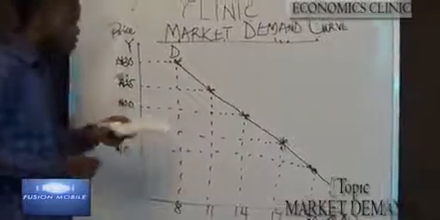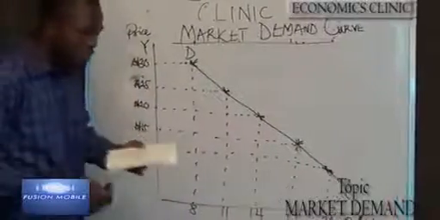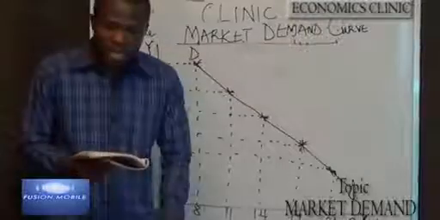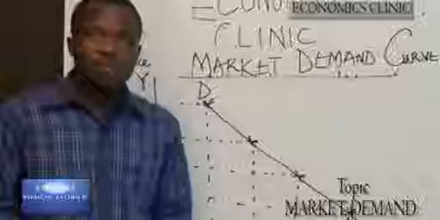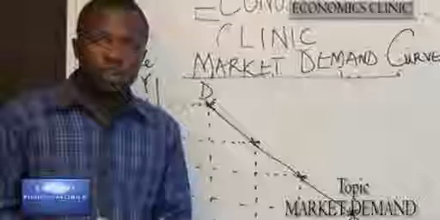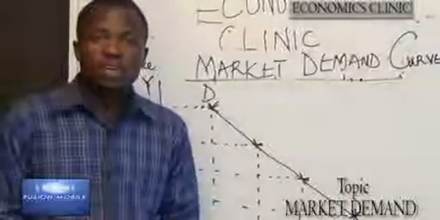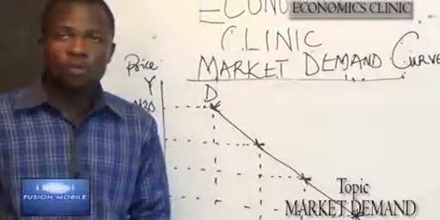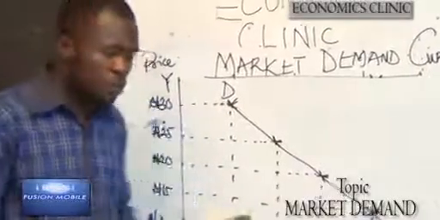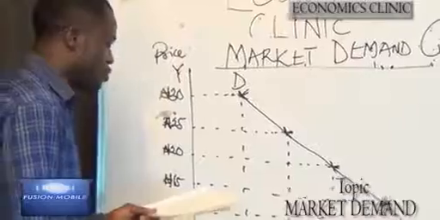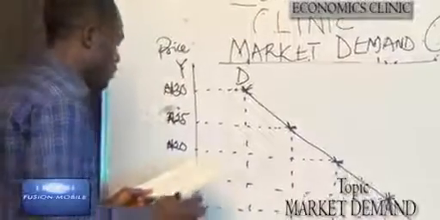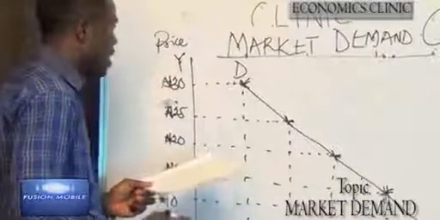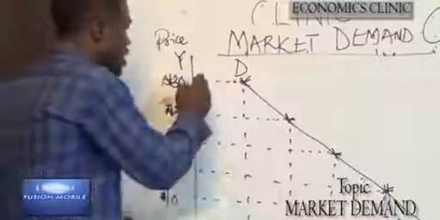Also, from the table where we have quantity C, quantity B, and quantity A, we can also use this table to draw our quantity demanded for C, quantity demanded for B, and quantity demanded for A. You can see from the table that at 30 naira we have quantity demanded 5.